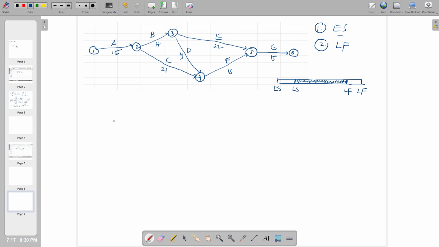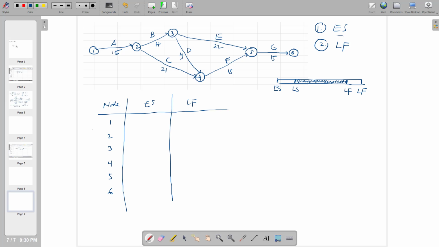So what you need is actually a tabulated form where you have to calculate the node. You put the node, and then you calculate the early start, and after that, you calculate the late finish over here. Since we have 6 nodes, I'm going to put 1, 2, 3, 4, 5, and 6 over here.